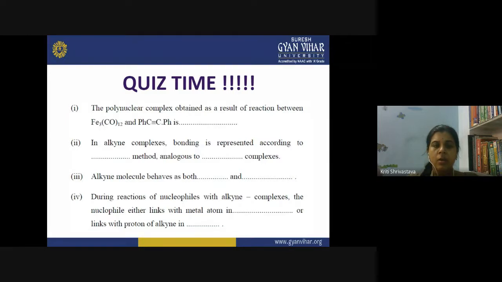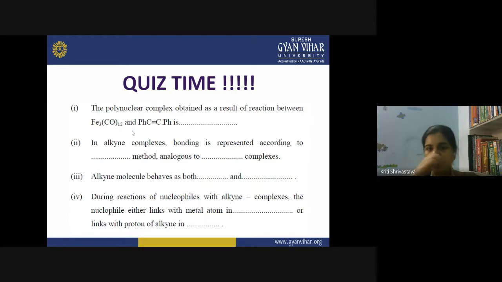Now a few questions for you, and this time you need to look carefully at the questions and attempt them by yourself. The first question for today is: the polynuclear complex obtained as a result of the reaction between the carbonyl of iron and PhC triple bond CPh, that is diphenyl acetylene.